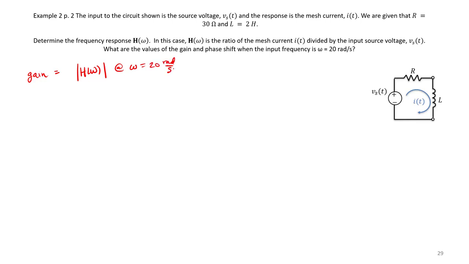If we substitute in, we can determine that our gain will be equal to just 1 divided by 30 plus 2 times 20 j.